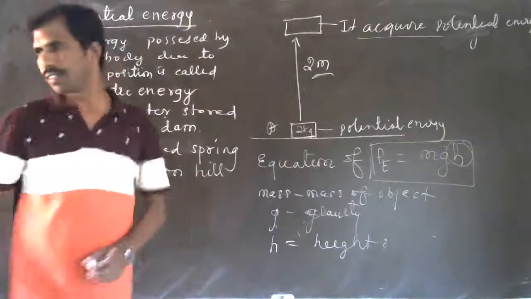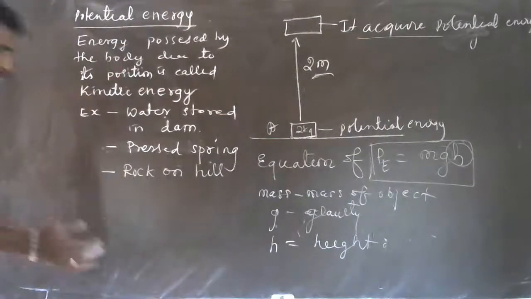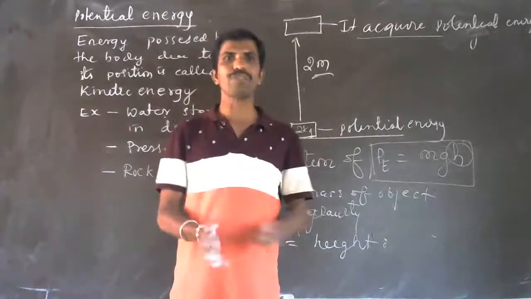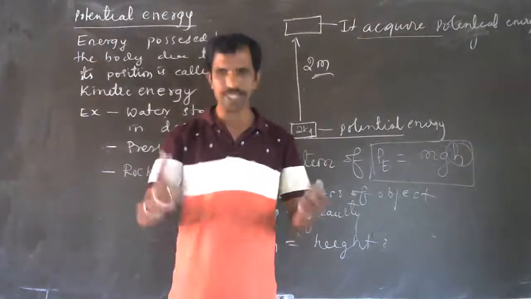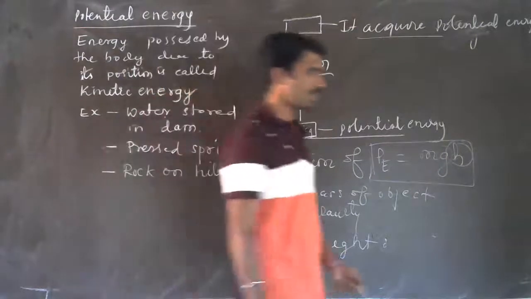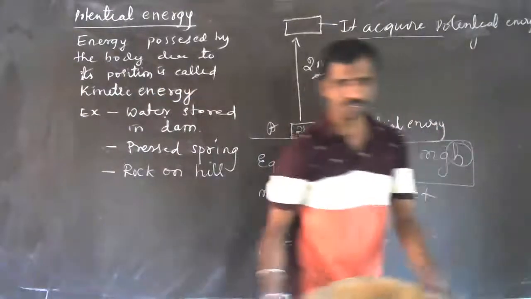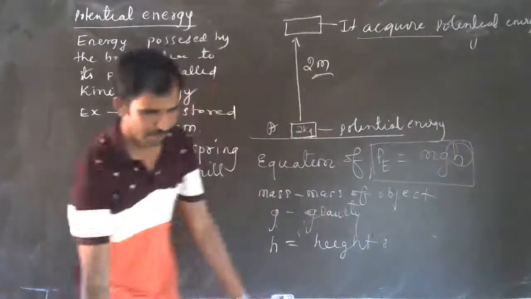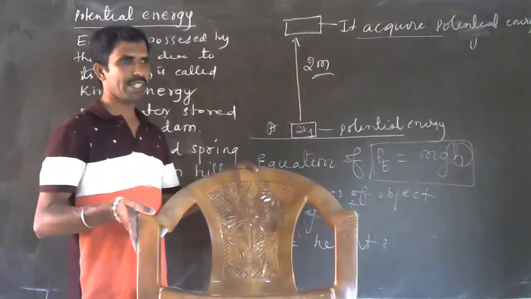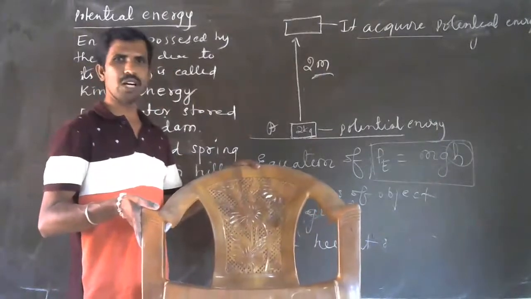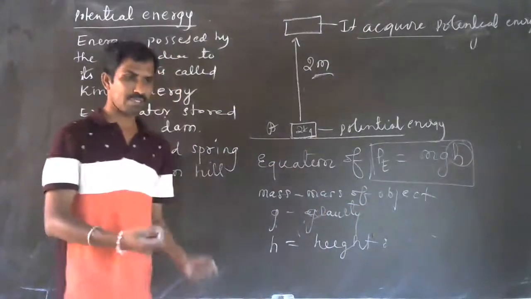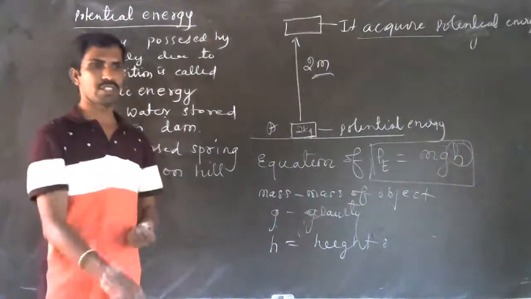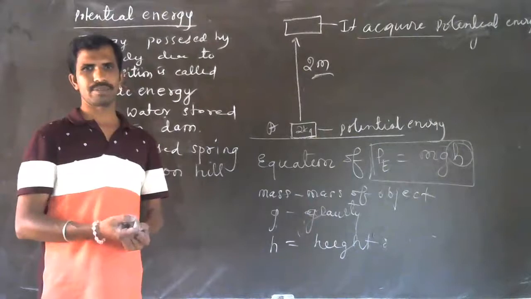See, when the object is at the ground floor, we are lifting it. I am lifting this chair from here. I am putting a force which is equivalent to the gravity on that object towards the earth, so opposite we are lifting it.